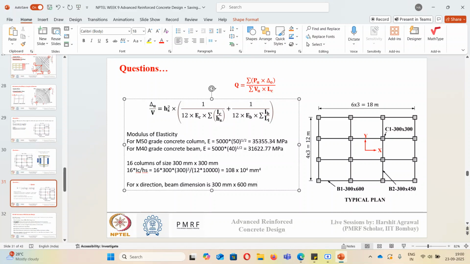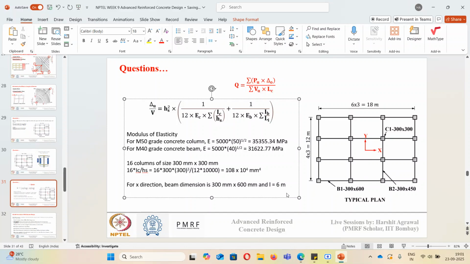What is the length of the beam? You can see in x direction it is 6 meter. So L is 6 meter. And how many beams are there? 1, 2, 3, 4, 5, 6, 7, 8, 9, 10, 11, 12. So there are 12 beams.